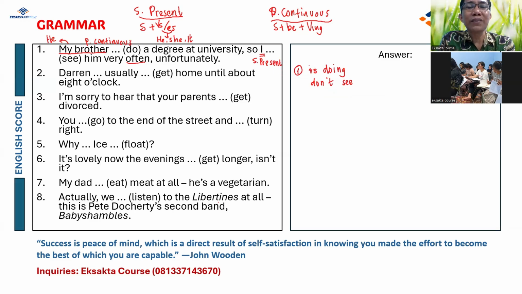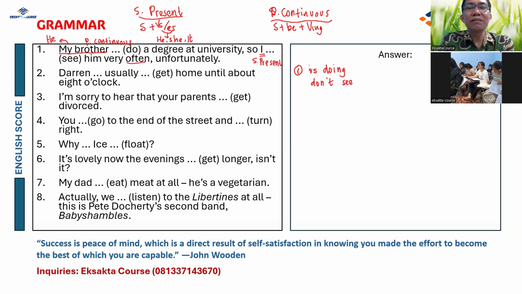And then for she, he, it, use doesn't. Okay, we know that the second is simple present because look at the often. Often is a kind of simple present. Okay, so number one: my brother is doing a degree at university, so I don't see him very often, unfortunately.